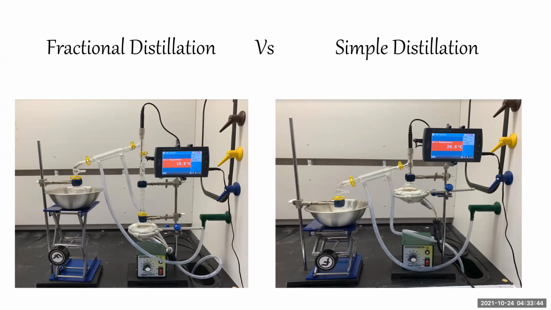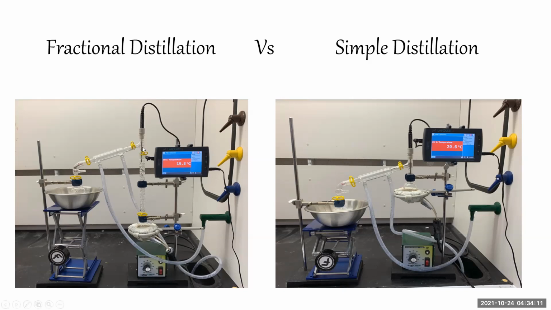Because what we're going to do is when we actually start the heating process and the distillation, we're going to cover all of this glassware with foil. So it's not going to be easy to look at the glassware as the distillation is occurring. If you keep opening up the foil, you're going to lower the temperature of the glassware, and that will make it harder for the distillation to occur.